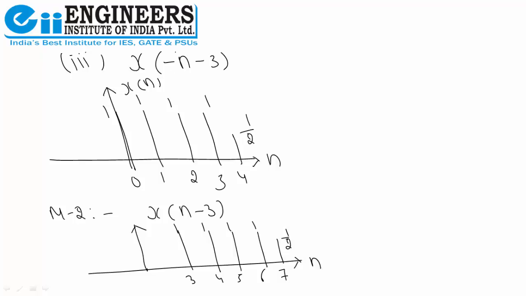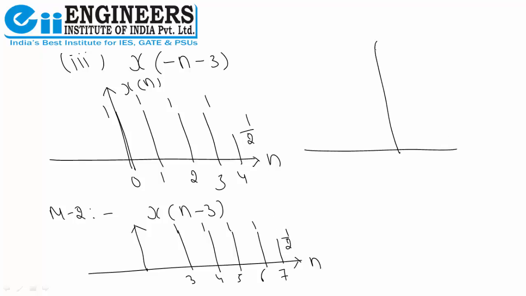So now we need to apply the minus. What is the minus? The minus operation is a time reversal operation. So these 3, 4, 5, 6, 7, which are the positive values, will become the negative values. You need to just flip these values.